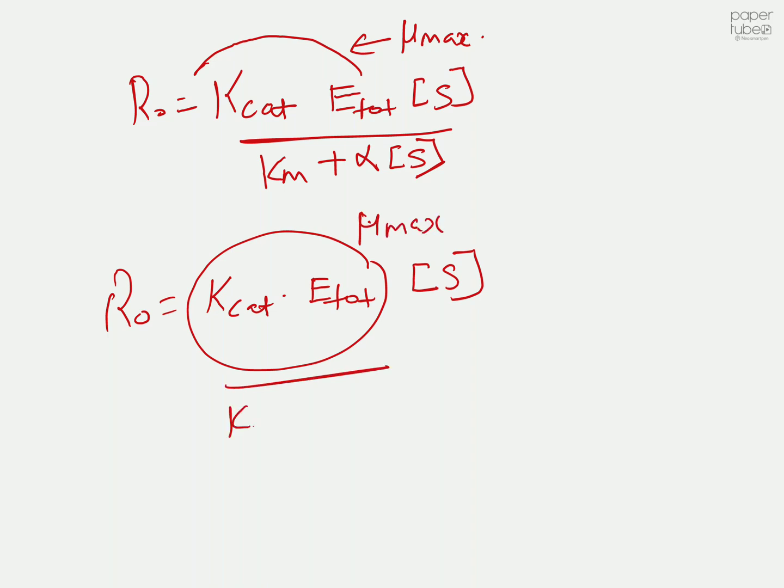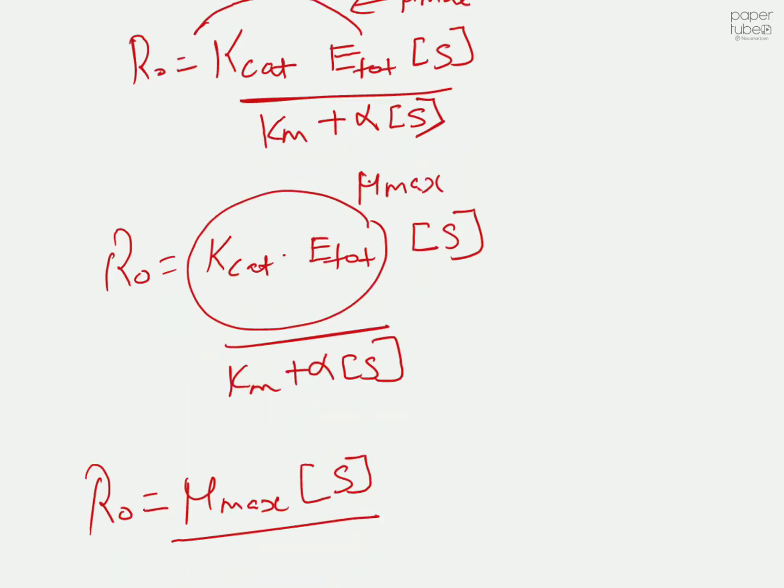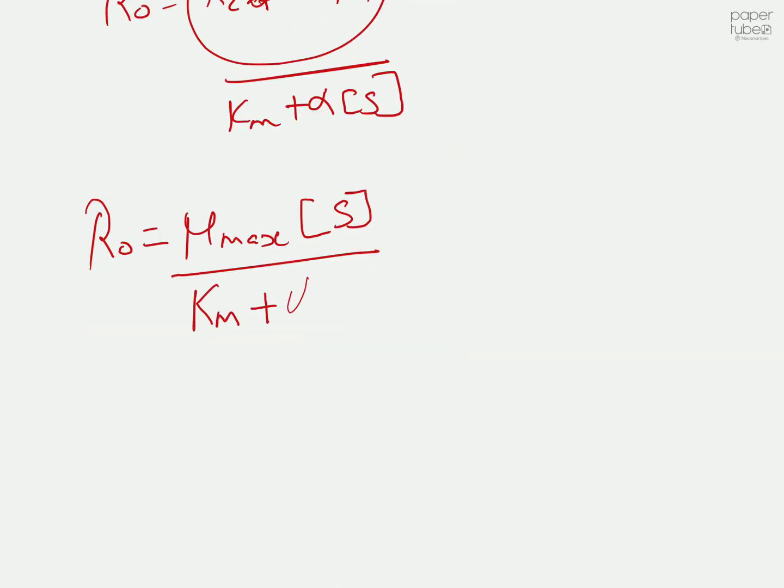So R0 is equal to mu max multiplied by the substrate concentration divided by Km plus alpha S.